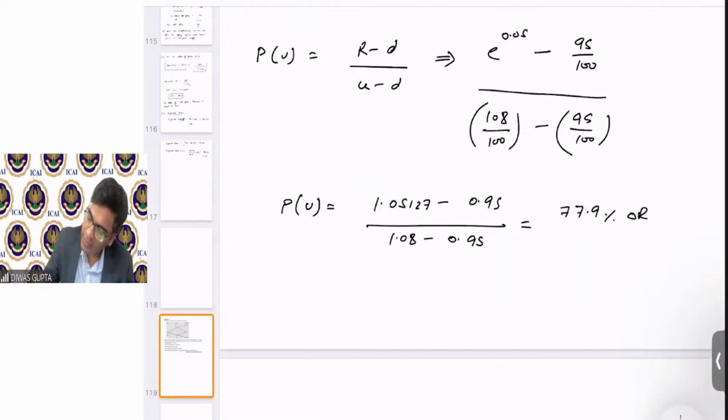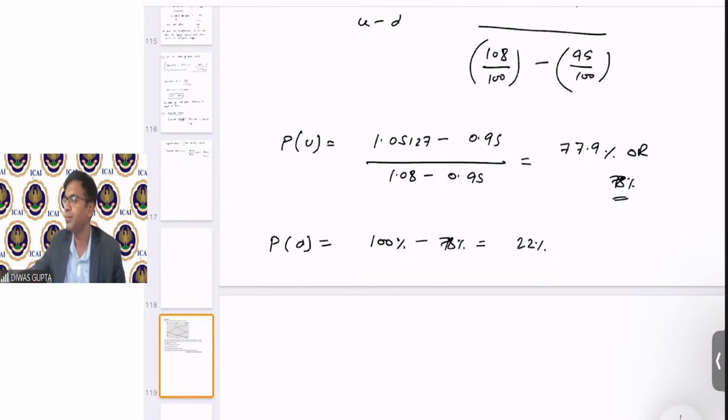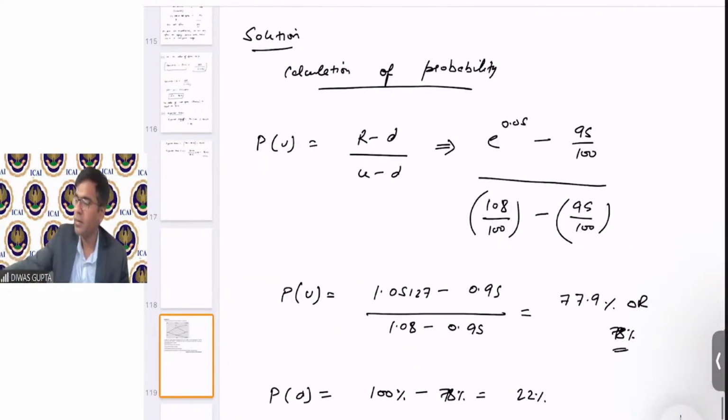Or let's say we are saying it is a 78 percentage. So the probability of prices going down will become 100% minus 78%, which is equal to 22%. Okay, students, till now we are clear. I hope this is clear, students.